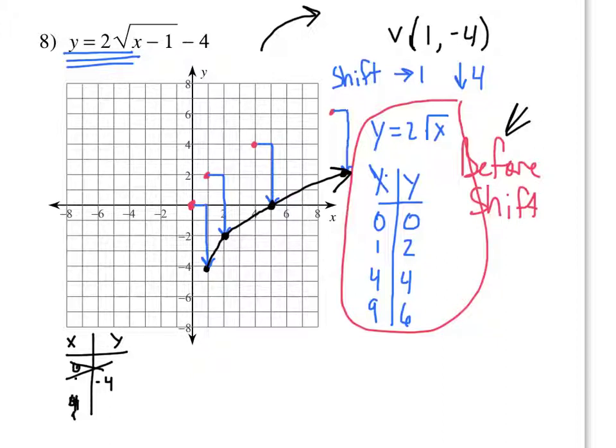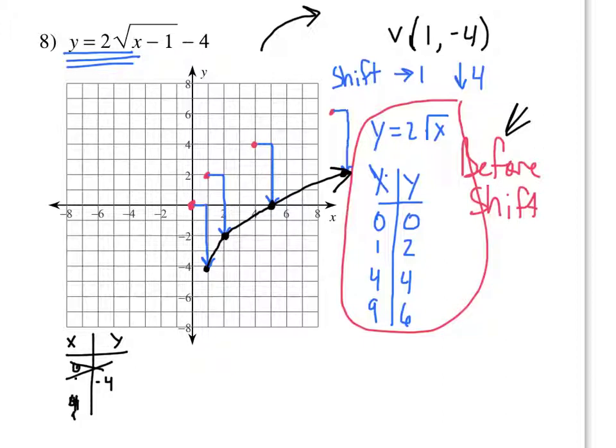And then taking those easy numbers, we can move them according to the shift. That's why we do it that way. It's to give us easier numbers to work with. Any questions on that? Anything else you'd like to see from this assignment?